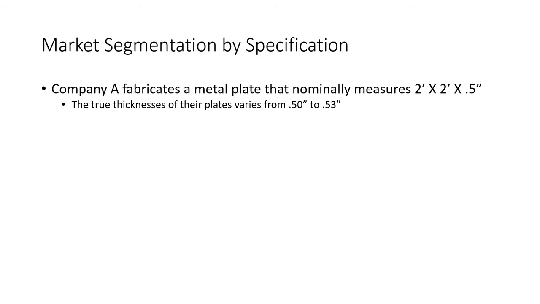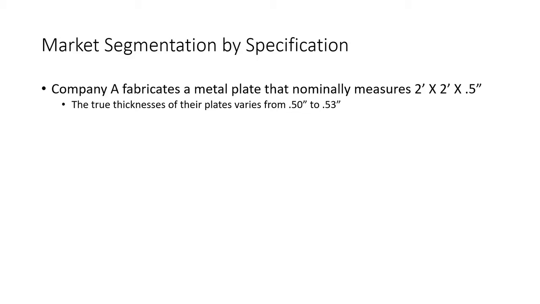Now, another strategy that we can use to segment markets is by specification, product specification or service specification. So let's take an example of a company A that fabricates a metal plate. This metal plate nominally measures 2 feet by 2 feet by 0.5 inches thick.